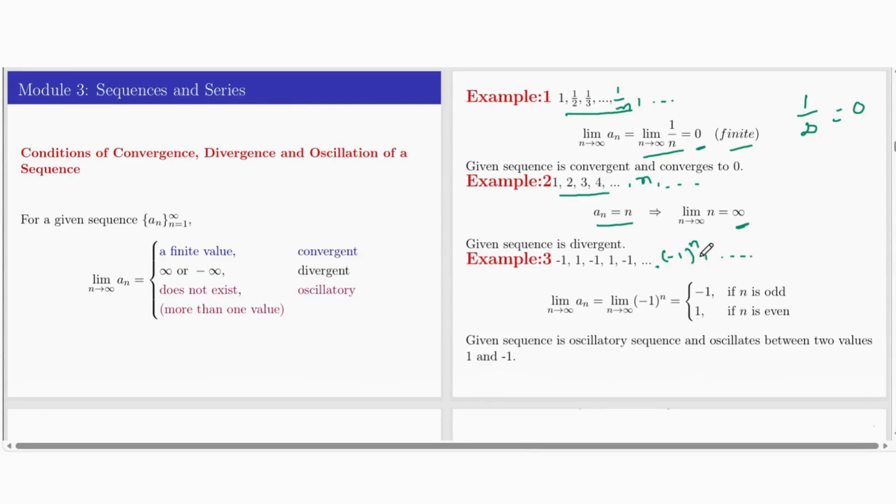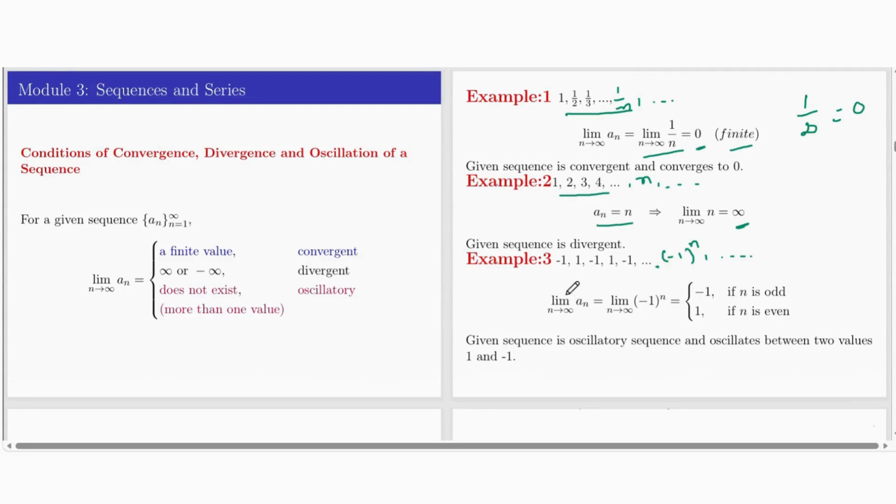Now if n is 1, we get (minus 1) raised to 1, the first element minus 1. If n is 2, even number, then (minus 1) raised to an even number is 1. Okay, again (minus 1) raised to 3. Odd power means negative and even power means positive. Okay, so here we get minus 1, 1, minus 1, 1, and so on.